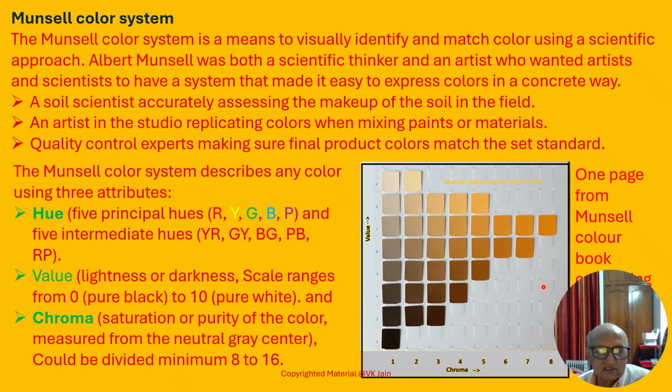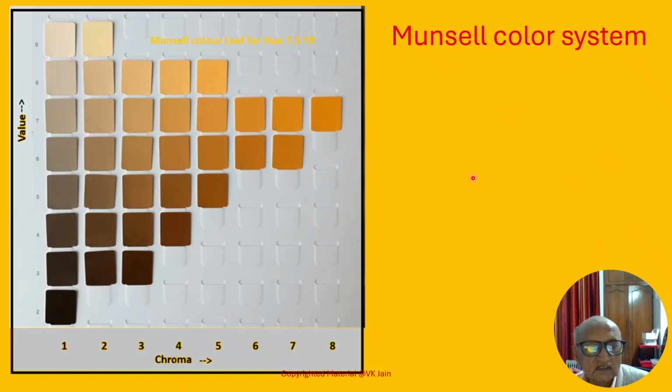And these are the various colors which can be selected as per the Munsell system. This is the Munsell color system. Once again, on the x-axis we use chroma, and on the y-axis we use values.